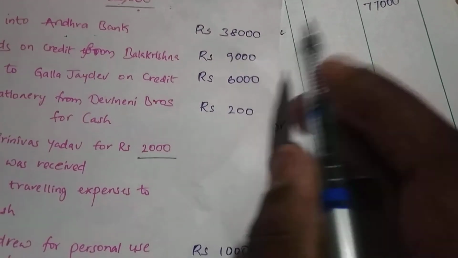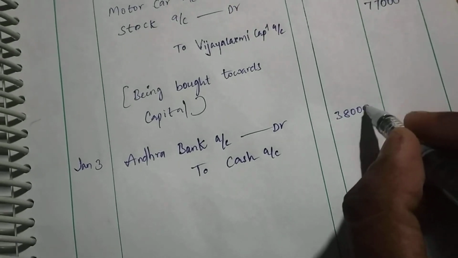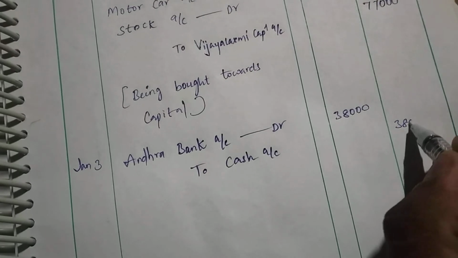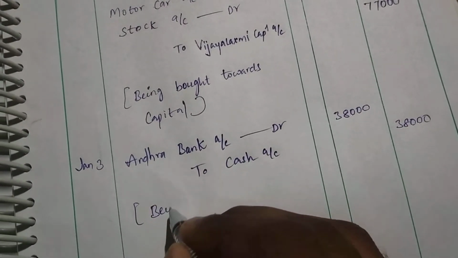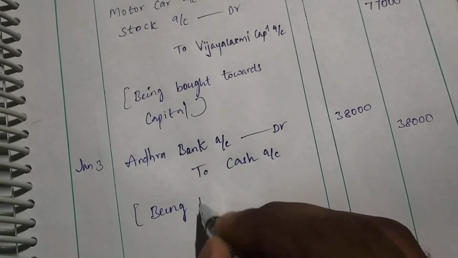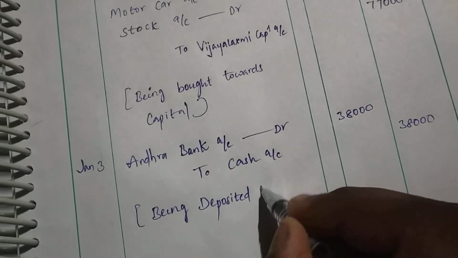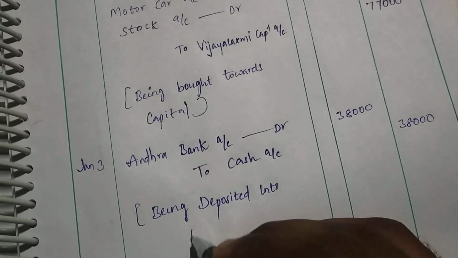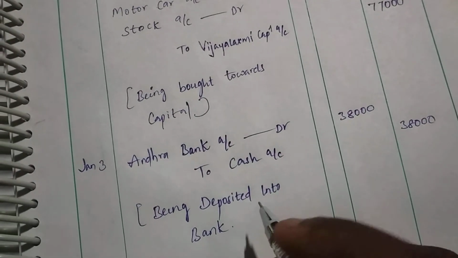So what is the amount? It's 38,000. We have to pass the narration. Being deposited into bank. Okay. The next transaction.